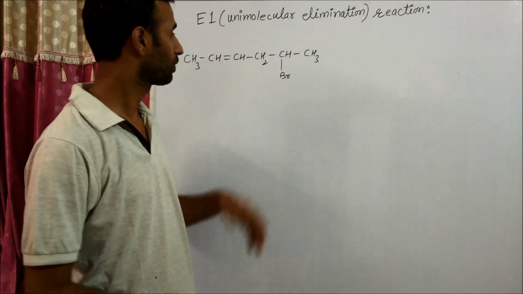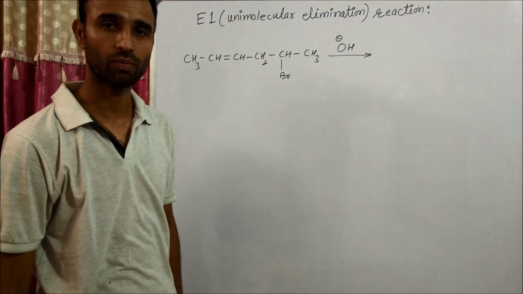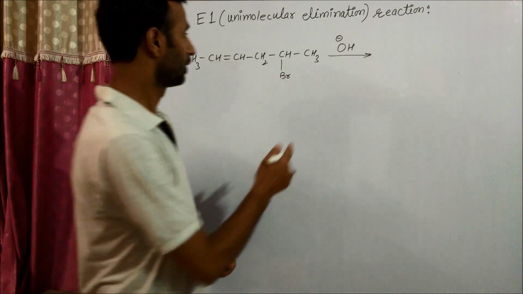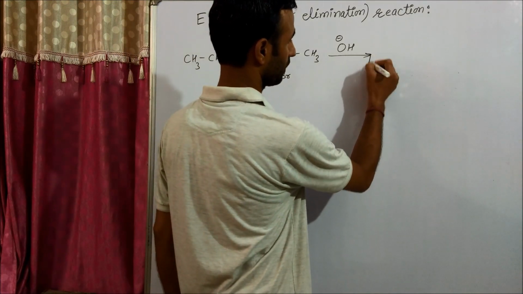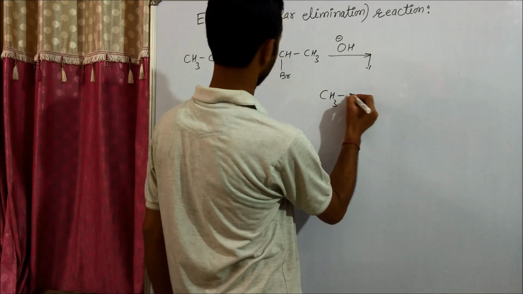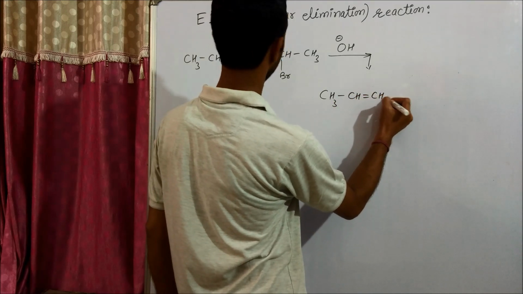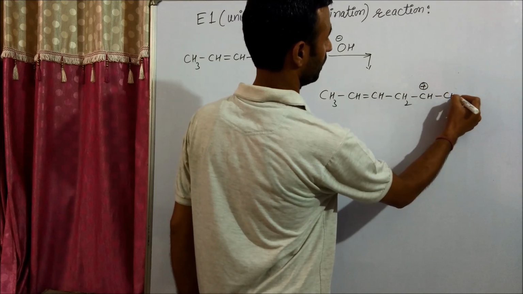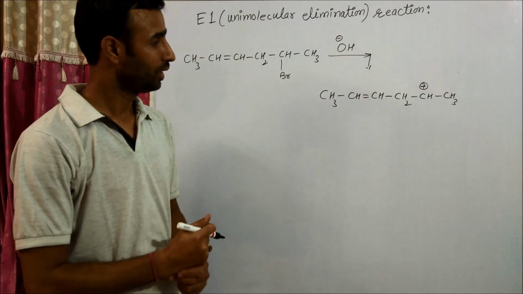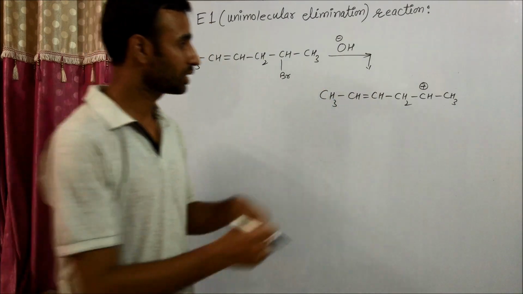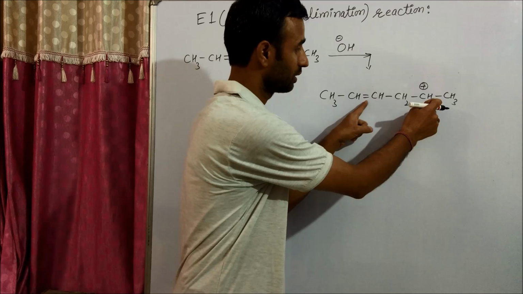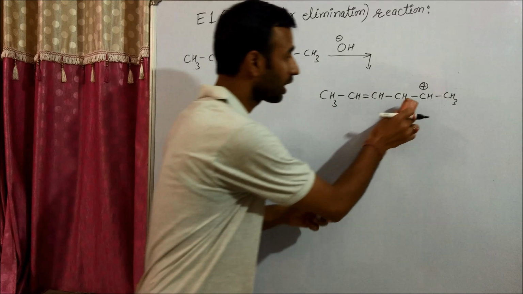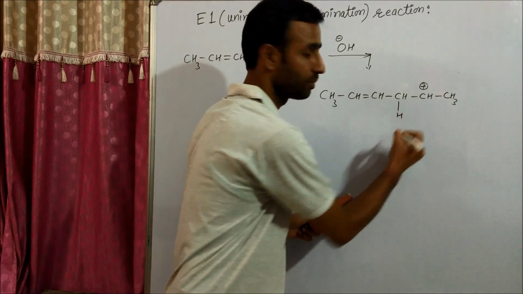Let's take a case of this compound in the presence of aqueous NaOH, OH negative. First of all, we get CH3 CH=CH2 CH+ CH3. Now this double bond and positive charge are separated by two single bonds, but this hydrogen is allylic hydrogen.